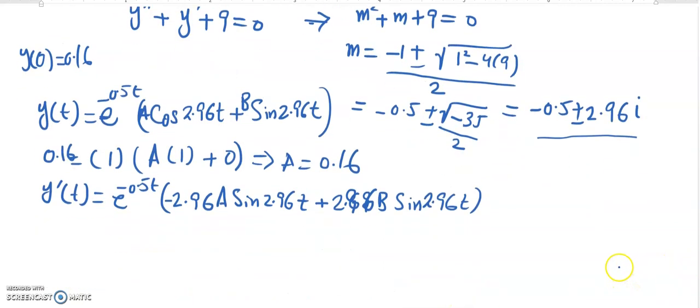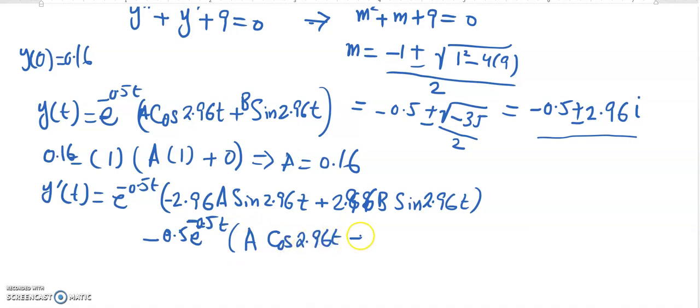I'm applying the product rule, and then the second term will be minus 0.5 e power minus 0.5 t times a cosine 2.96 t plus b sine 2.96 t.